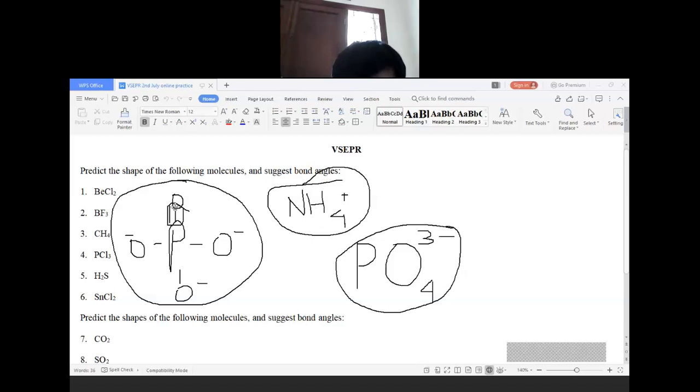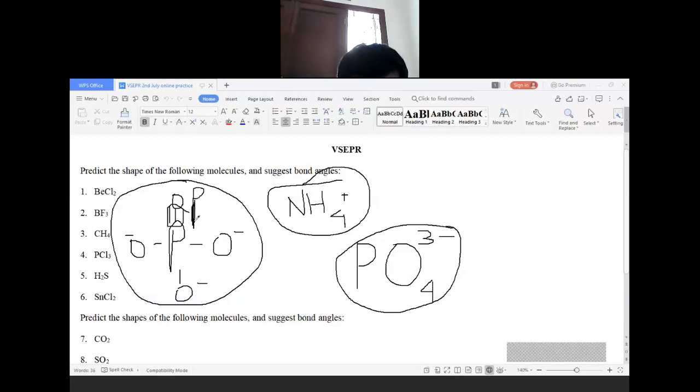Because this double bond occurs due to overlapping of s orbital and p orbital of the same atoms. So we can consider this double bond as 1. So consider as 1 bond.